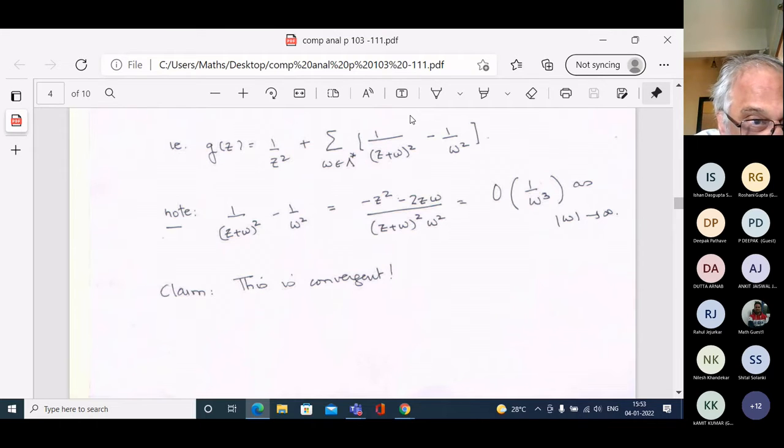Let me repeat myself. In 1 dimension, we have that summation 1 by n, suppose I'm only talking about positive integers, is divergent. But summation 1 by n to the k is convergent for all k greater than 1.